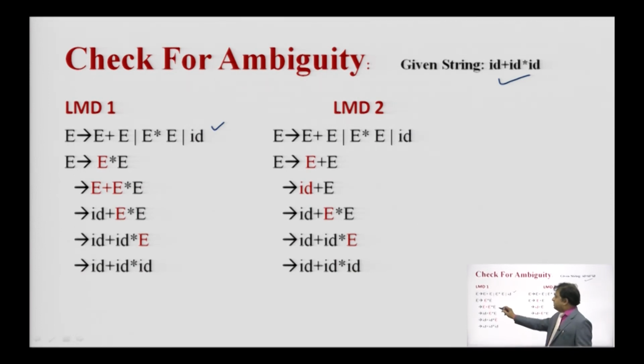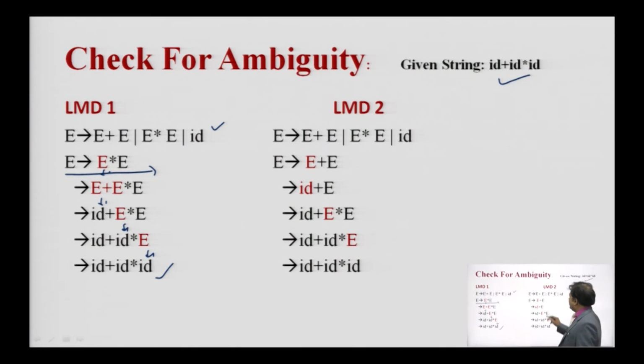So I start with the production E derives E star E. I try to write the LMD, that is the leftmost derivation, starting with the production E derives E star E. So I replace the leftmost non-terminal each time. That means I can reach the sentence ID plus ID into ID.